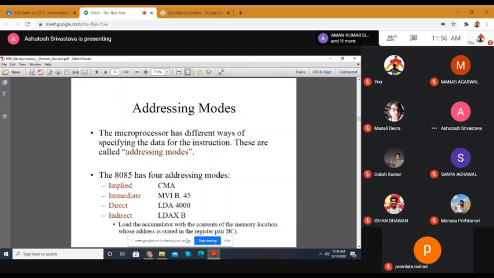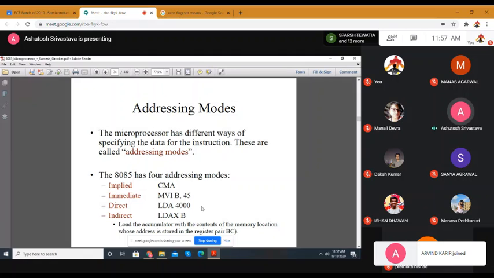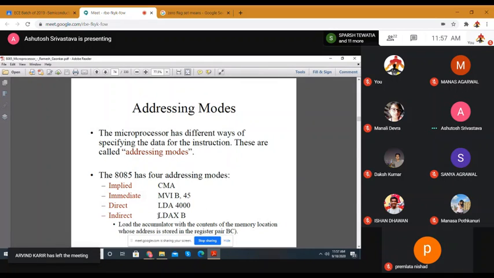While LDAX B essentially would be an indirect form of addressing mode. So let's talk about this last one. I think we have already talked in detail about the first three types. Let's talk about the last one. So in this, what will happen?